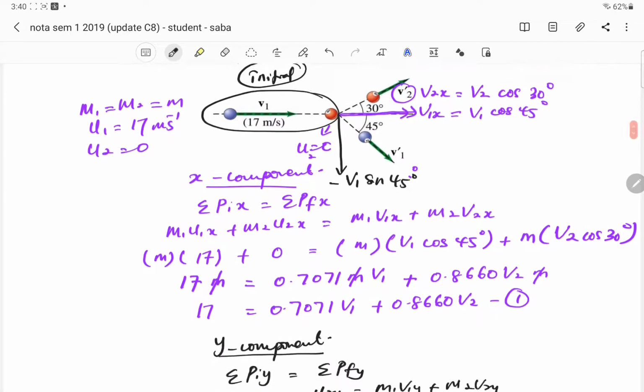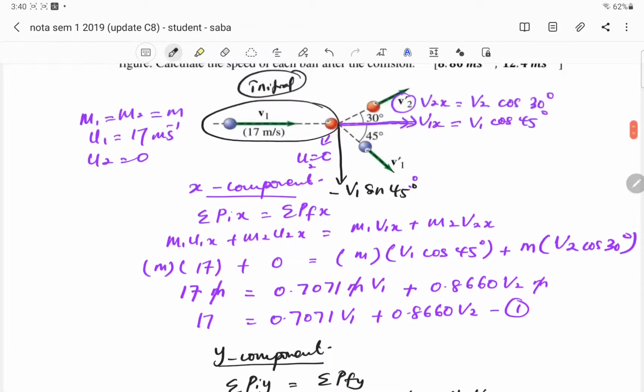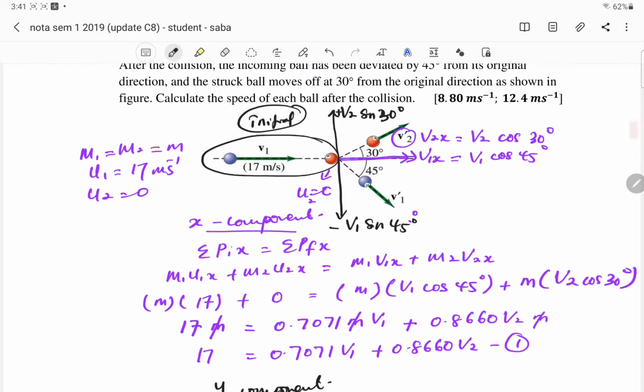Why negative? Because it is in the negative y direction. Negative v1 sin 45 degrees plus m v2y. V2y is here, so v2 sin 30 degree, but it is positive because it is in the positive y direction.